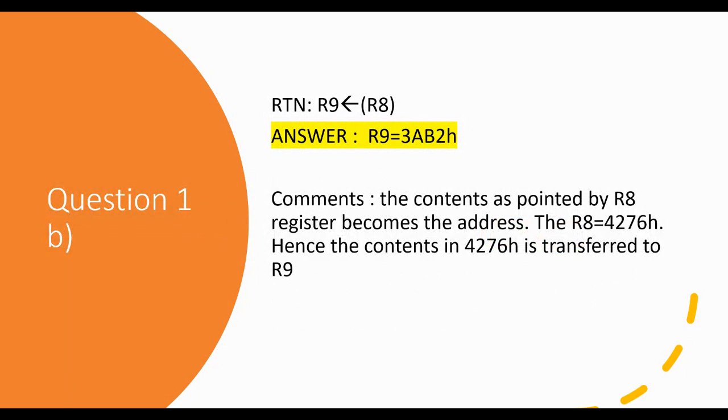Now this one is a bit complicated. This is one of the reasons why I brought it up. If everything was as simple as question 1, then there would be no need to have this exercise. Now R9 equals the content pointed to by R8. Let us see what R8 is.